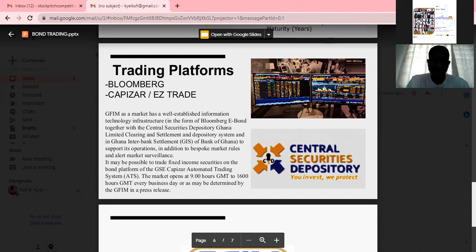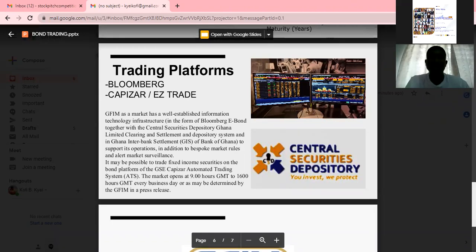And the market opens at 9 a.m., or 9 hours GMT, to 4 p.m., or 16 hours GMT, every business day or any other day determined by the Ghana Fixed Income Market in a press release. Unless there's a holiday or something, then they come across with information that we will not be trading on this particular day.